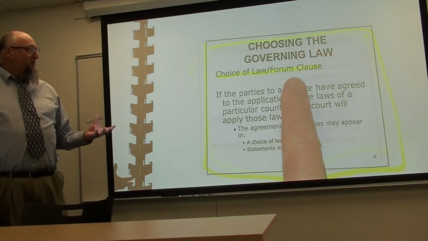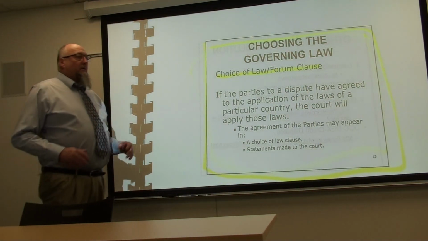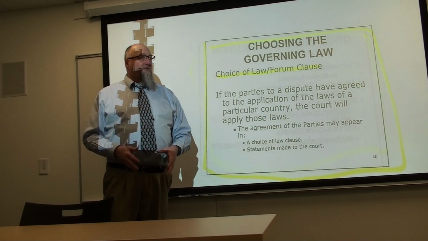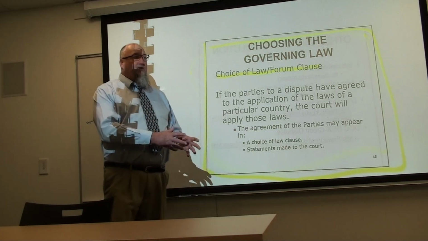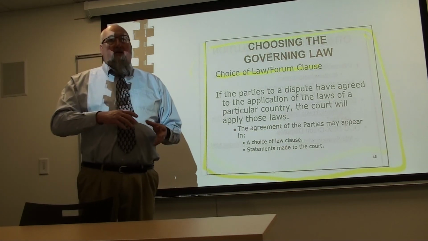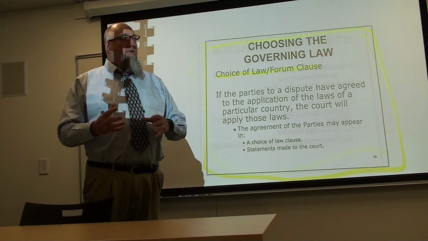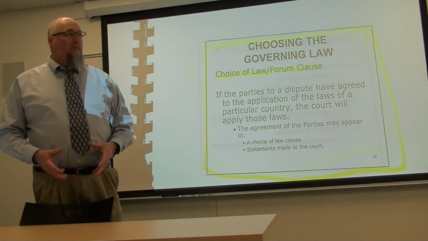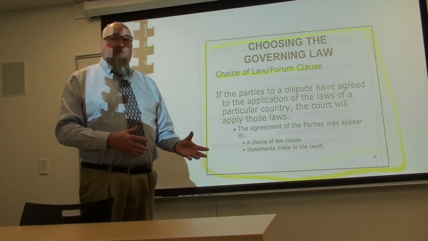As part of this choice of forum clause, both parties will typically also agree to the jurisdiction of the court. In other words, the French company will agree that if there is a dispute, they will be subject to the authority of a United States court, or vice versa.